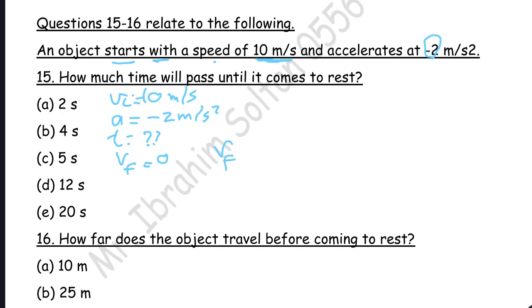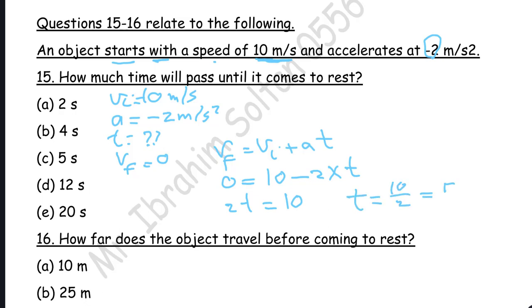So easy, V final equals V initial plus at, V final 0, V initial 10, minus 2 times t, right? So 2t equals 10, so t equals 10 over 2 equals 5 seconds.